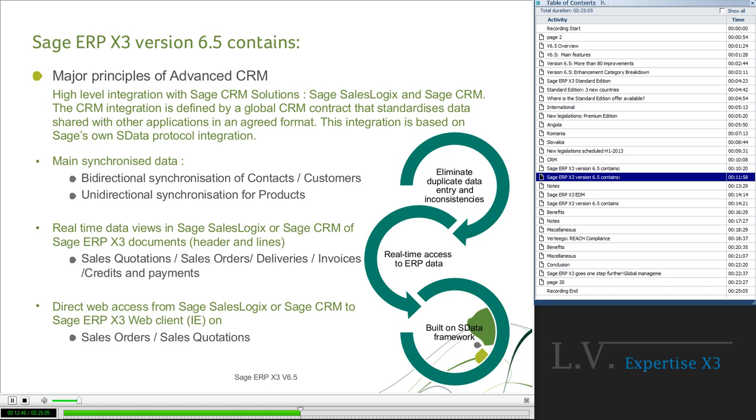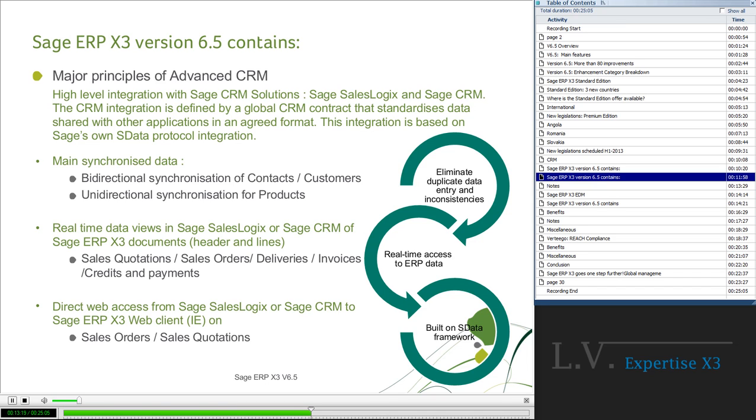The main data elements synchronized for the CRM application are the contacts and customers, and that is a bidirectional synchronization. And we have a unidirectional synchronization for the products. We also provide real-time access to the ERP data, such as sales quotes, sales orders, deliveries, invoices, credits, and payments. And that is exposed as views within the CRM products.